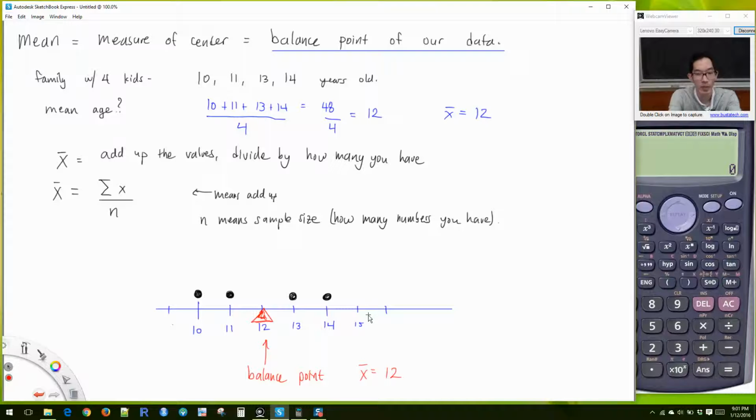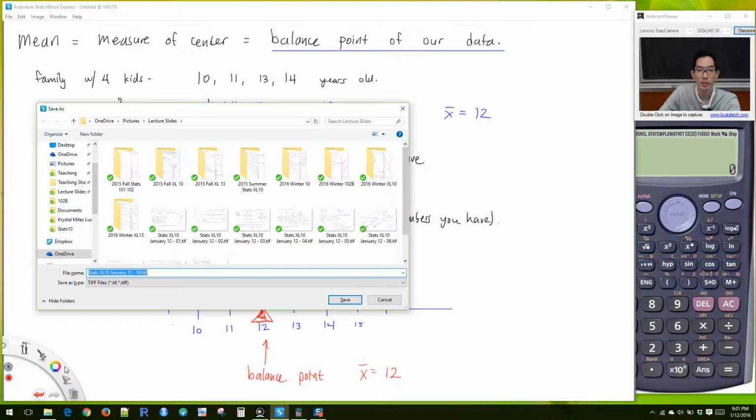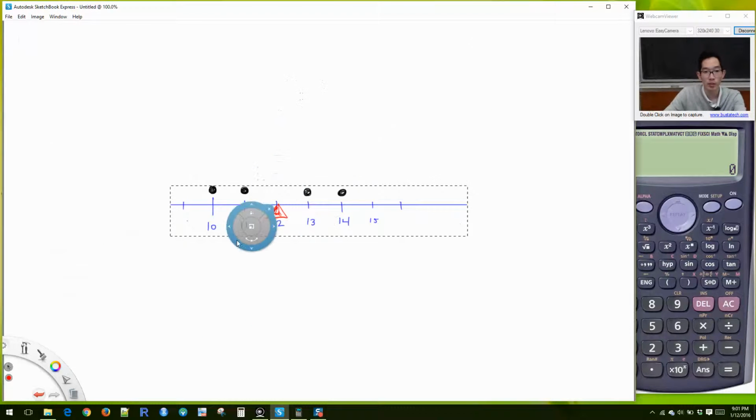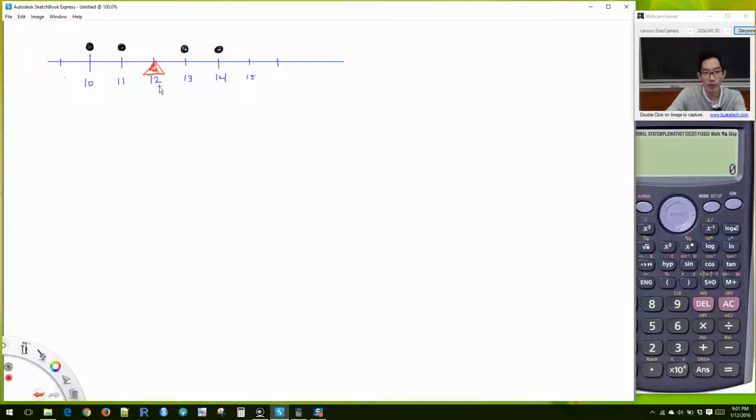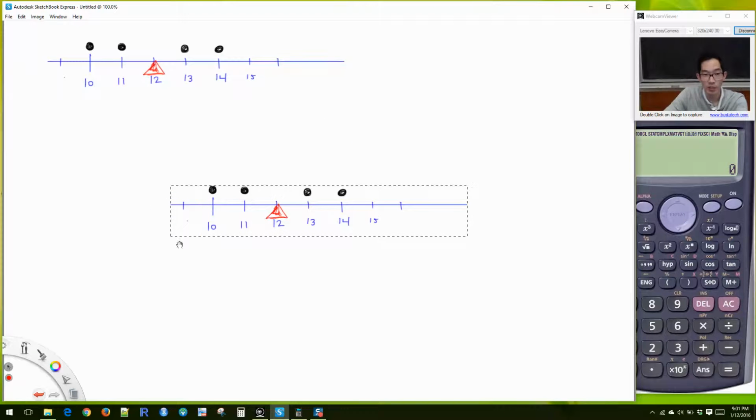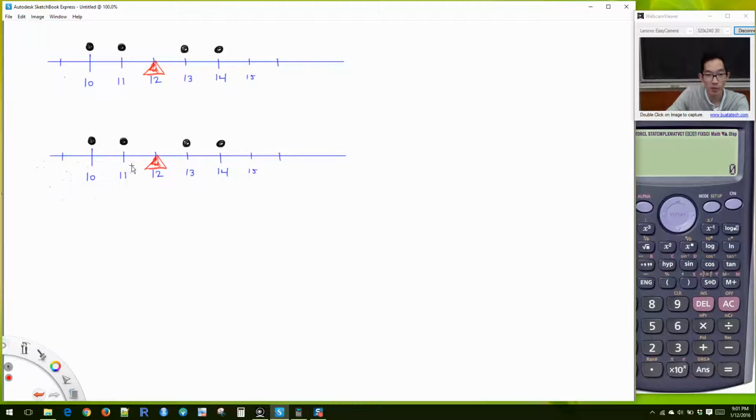So I'll move this dot: 16, 17, 18, 19, 20.